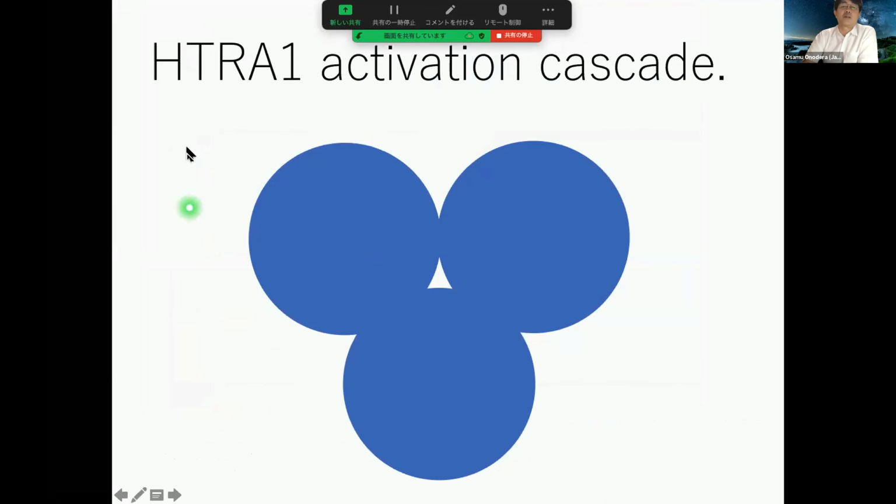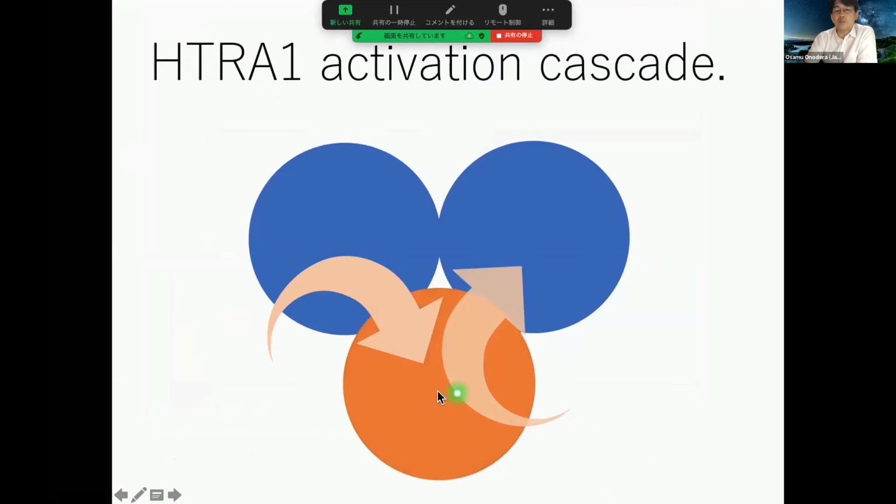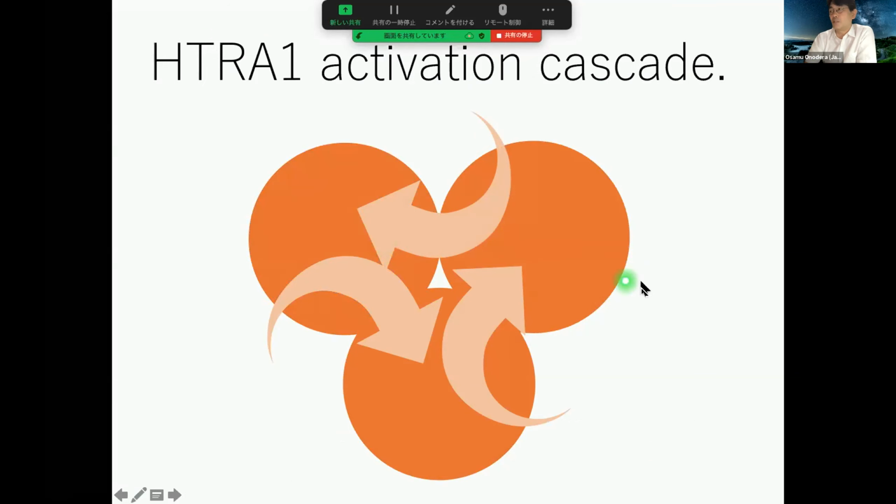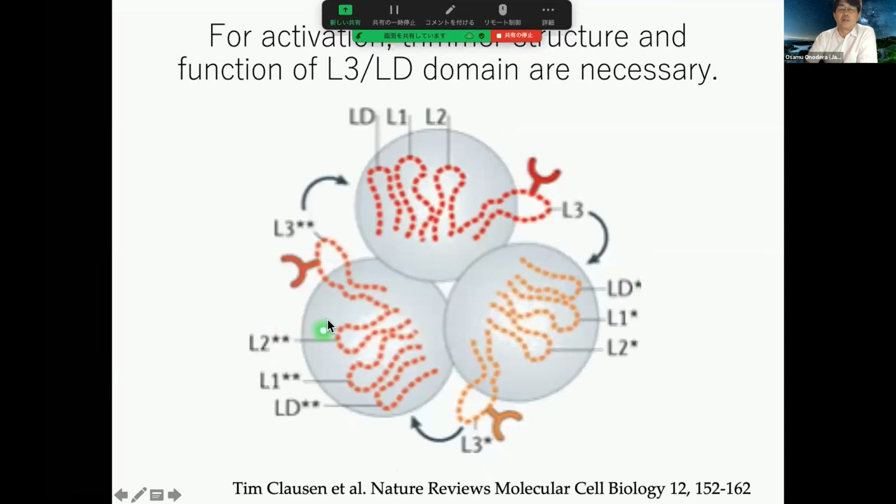So this animation shows how the HTRA1 molecules activate each other. When the substrate binds to each HTRA1, the neighboring HTRA1 is activated. Therefore, the trimer formation is very important to activate all of the HTRA1. In the activation cascade, the L3 and LD domains take important roles.